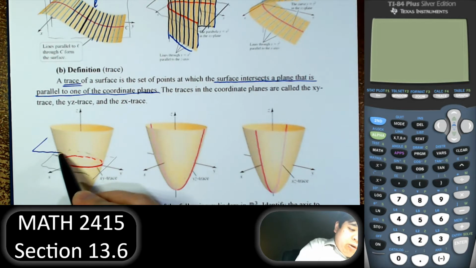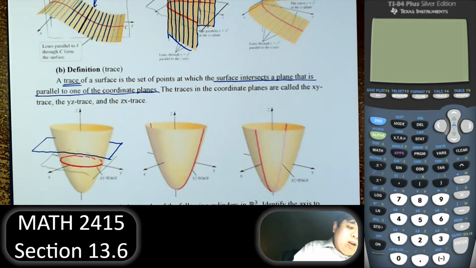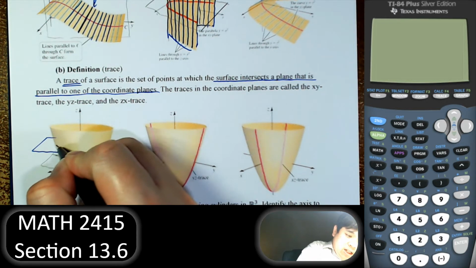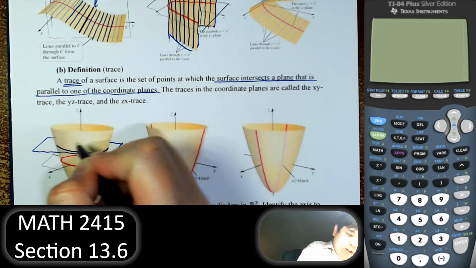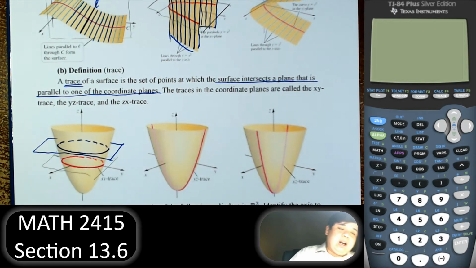So we can draw a plane that is parallel to the XY plane, and in that we can still have a trace on that plane. So any coordinate plane and any plane parallel to it, whatever its intersection with the surface is, is called a trace.